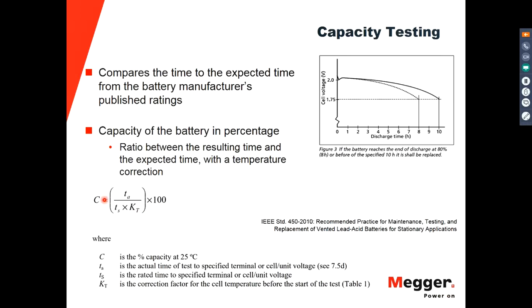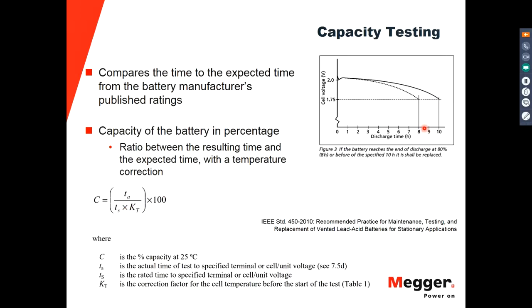So here you see the formula from the IEEE standard. You have TA, which is the actual time of the test. You have TS, which is the expected time. And I mentioned a correction factor for temperature. So here's the correction factor for that temperature, and we're going to see that table that contains the correction factors later.